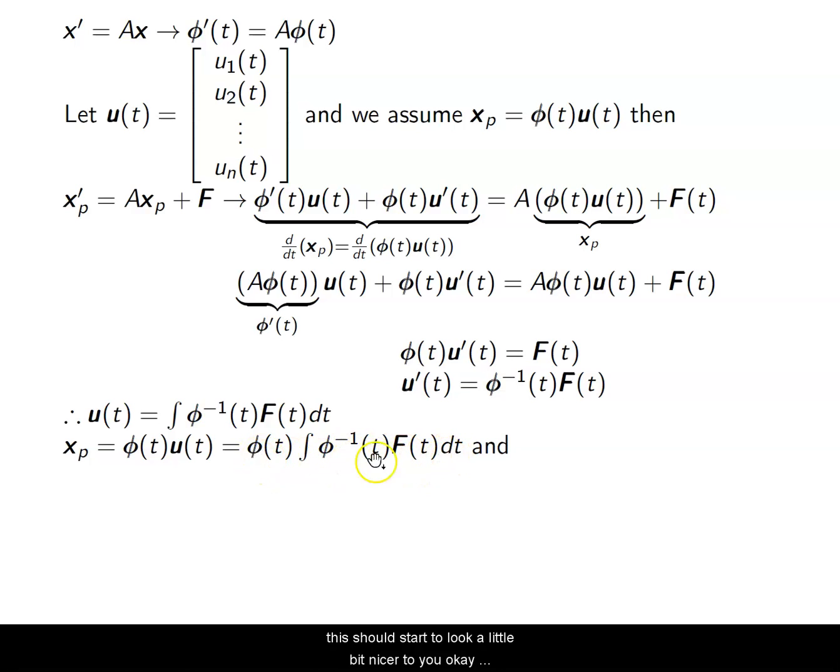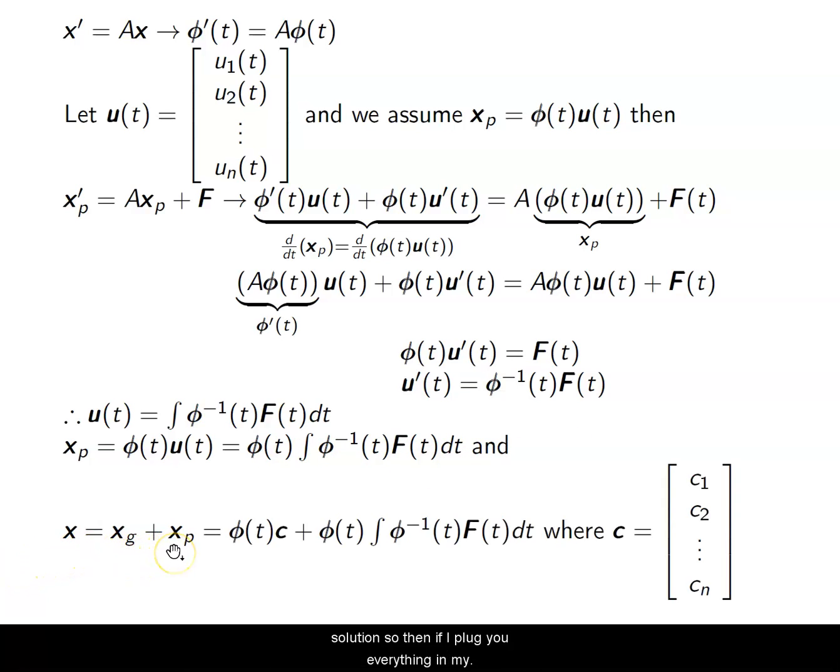Now this should start to look a little bit familiar to you. Think about what we did in chapter 7: x equals x of g, the general solution, plus the particular solution. So if I plug everything in, my solution should be phi of t times this coefficient vector plus my particular solution.